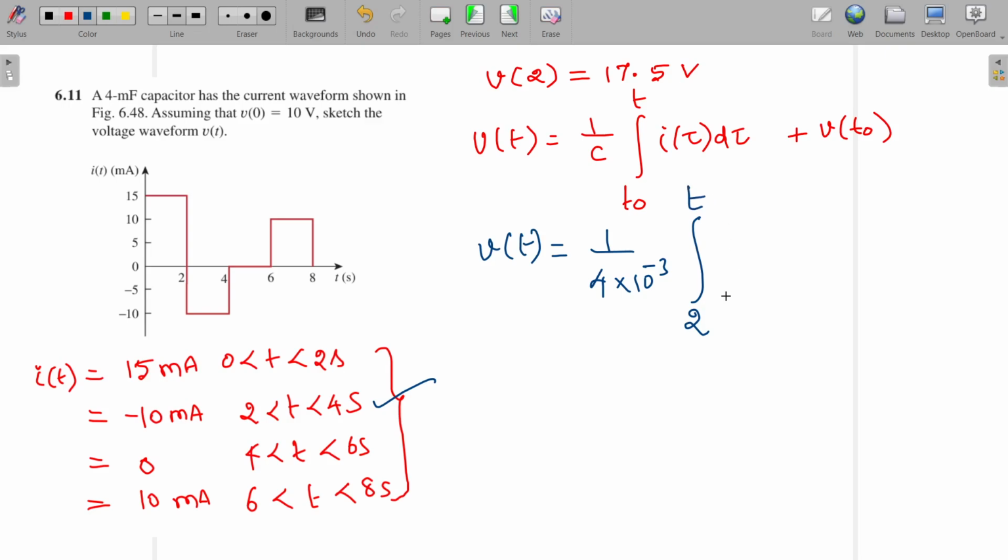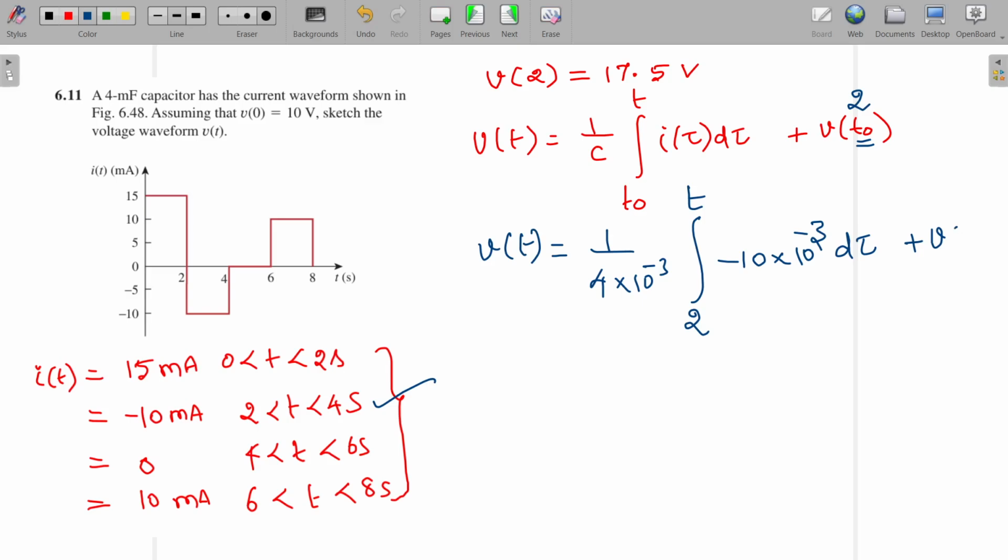The upper limit we put as t, because only then will we get the equation in terms of time. And what is I of t? I of t is minus 10 milliamps, so it is minus 10 into 10 power minus 3 d tau plus V of t naught. T naught here is 2, so that is V of 2, the initial value.